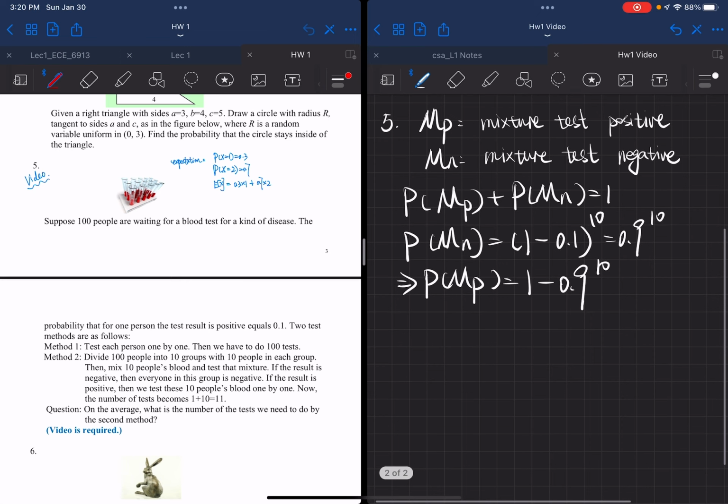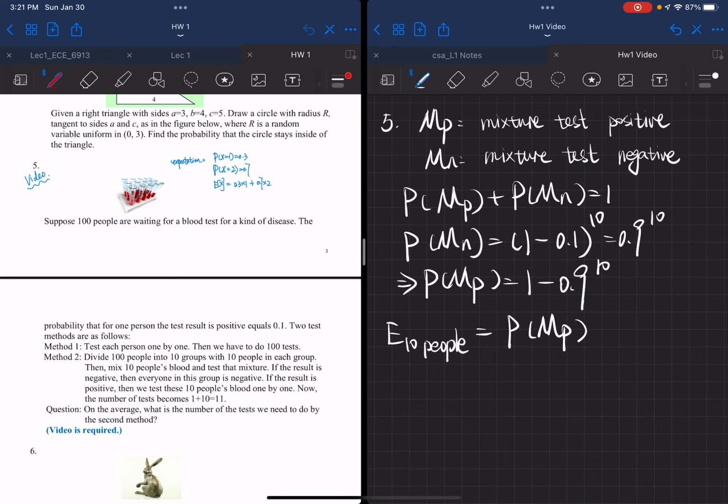And we need to calculate the number of tests for the 10 people in a group. This is an expectation value, which equals the sum of two parts with their probabilities. The first one is the mixture test being positive.